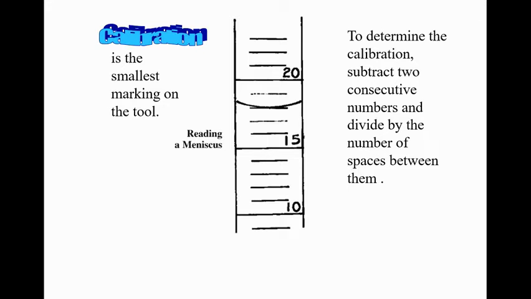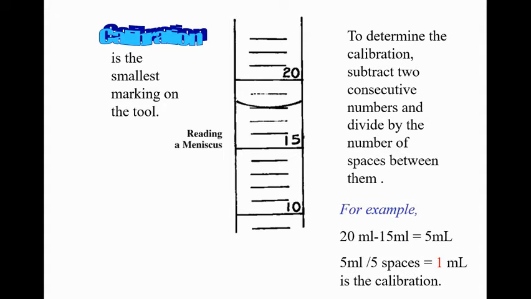So let's look at our first sample measurement tool, which could be a graduated cylinder. You would subtract two numbers, so you've got 20 milliliters marked on there and 15 milliliters marked on there. Subtract those to get 5 milliliters. In between there are also 5 spaces. So each of the markings in each of those spaces is 1 milliliter.